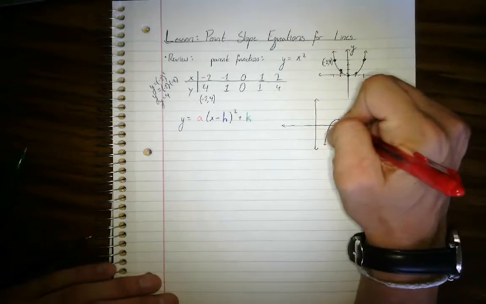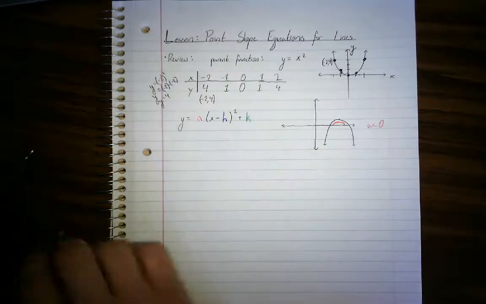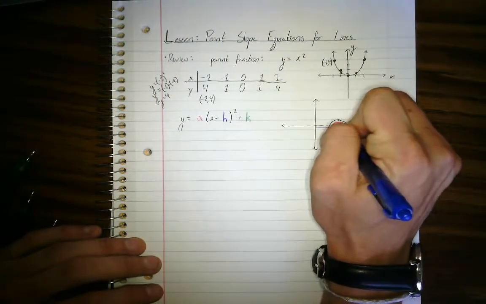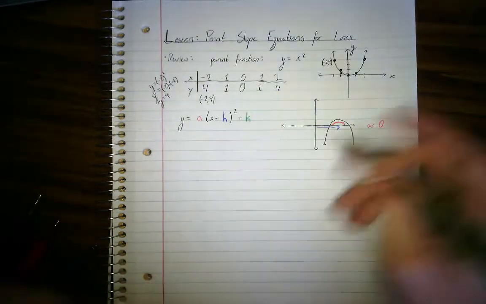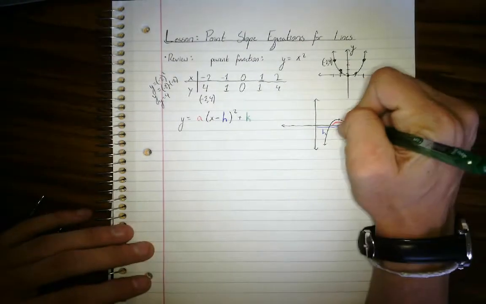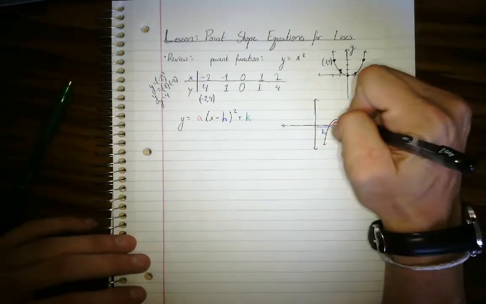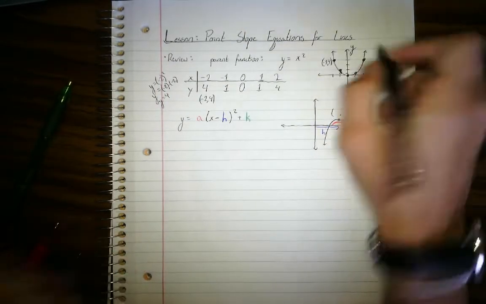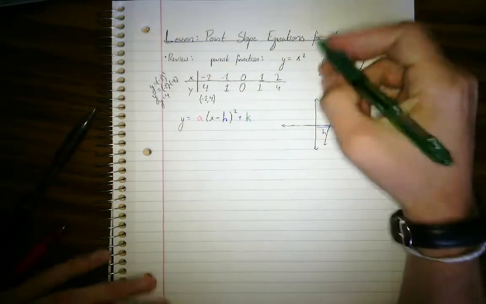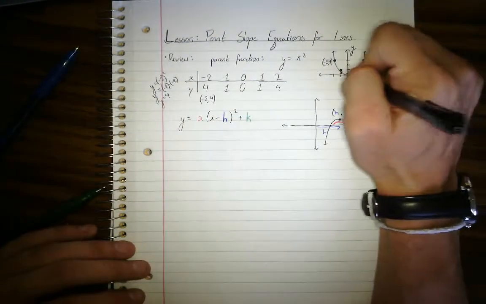Because we have that upside down, we know a is less than 0. We shifted our vertex over h units, and we shifted upwards k units, like so. That actually means we can represent our parabola with the vertex h comma k, because we shifted it over from the origin, which up here is 0, 0.